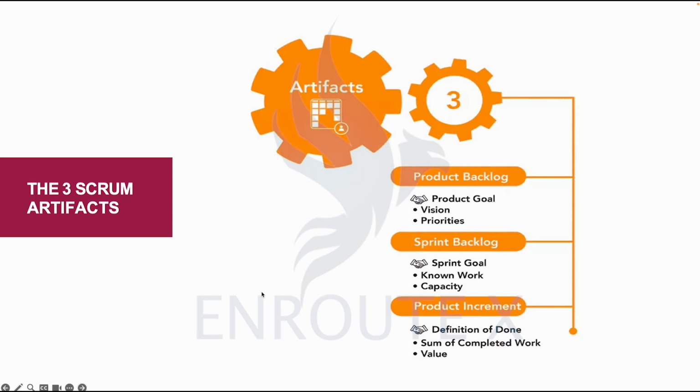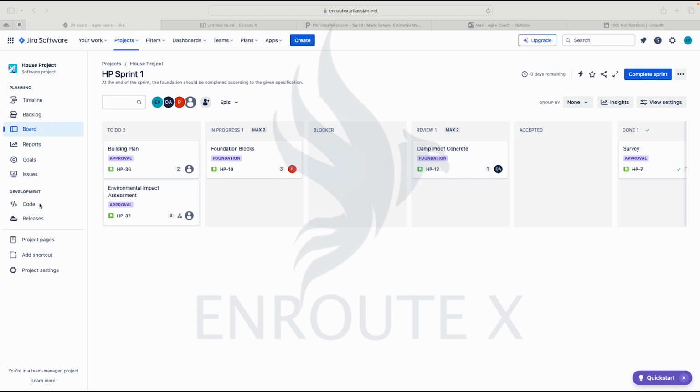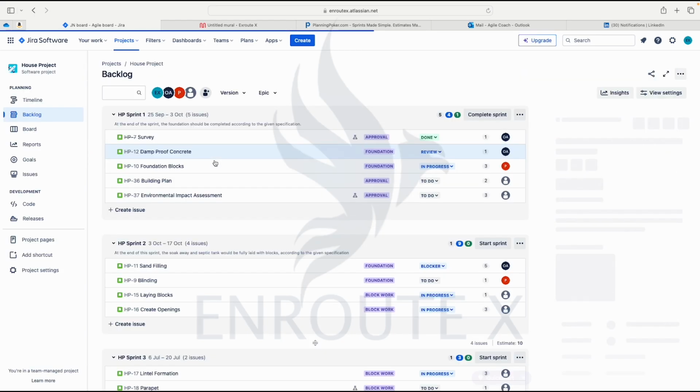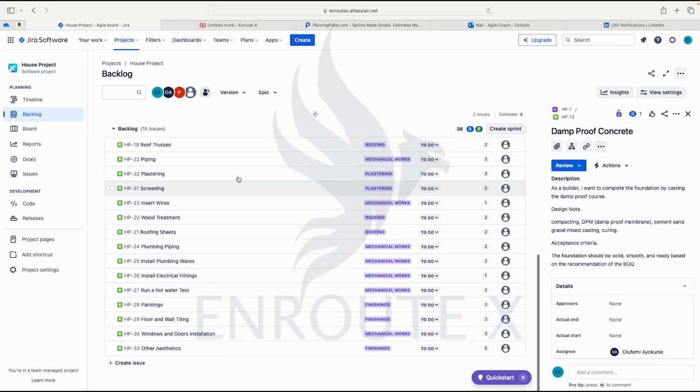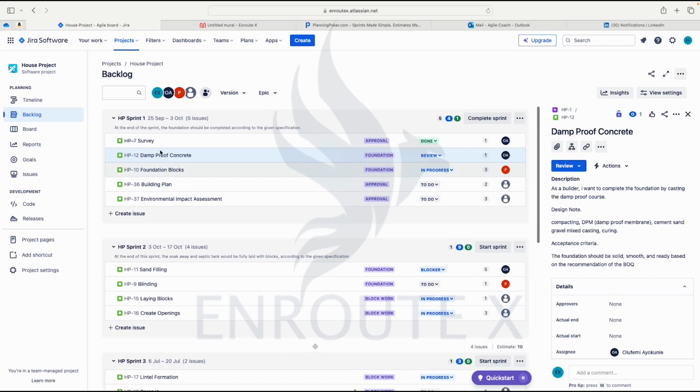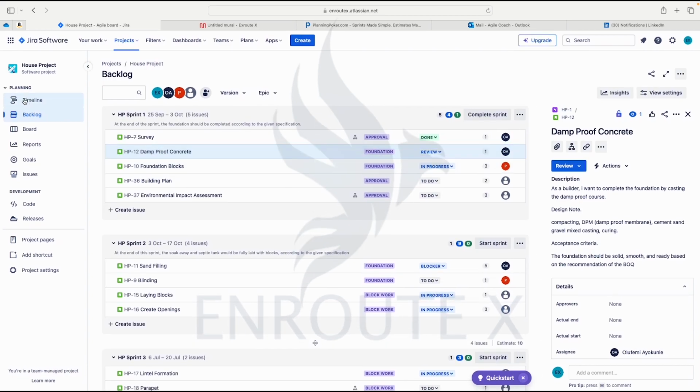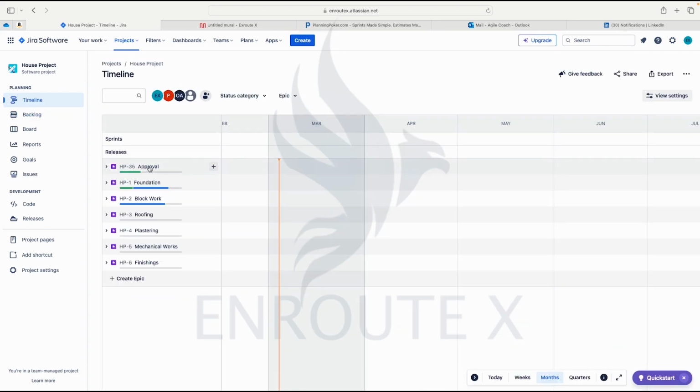So just briefly, I'm sure we are more familiar with this project now. The house project, which is what we've been using for this class. Every piece of work item here would form the product backlog. We have a timeline. I've explained in previous classes what an epic is. If you need to catch up on that, you may need to check the previous classes.